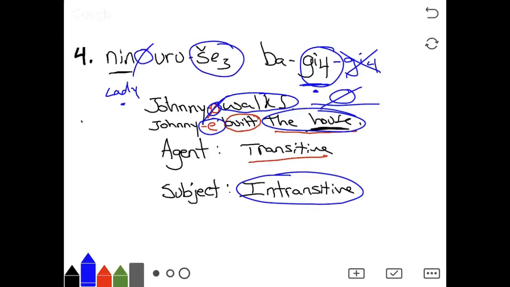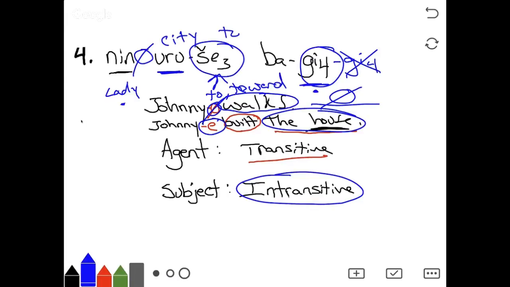Sheh3 is to or toward. And if you go back to our lesson on the prepositions, they attach prepositions to the end of a noun. So the noun uru means city.